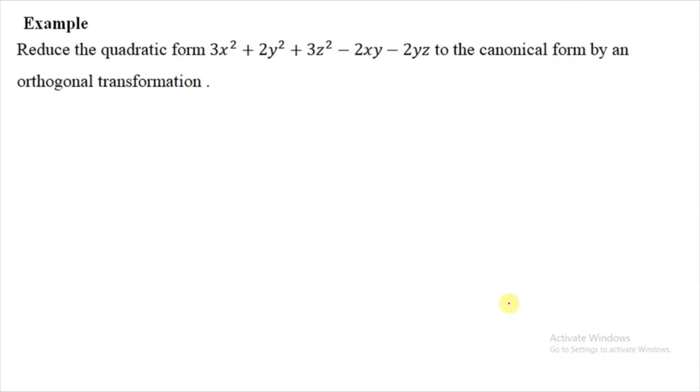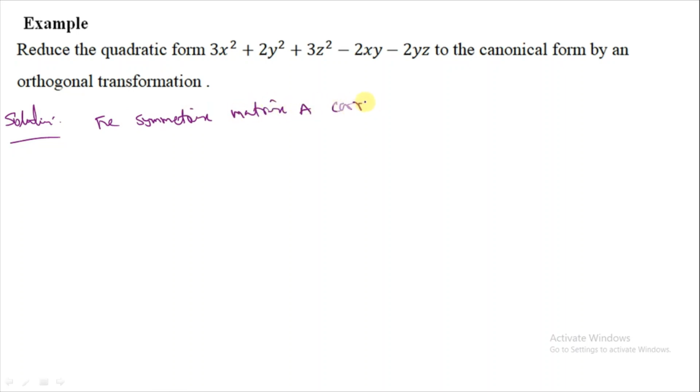Now see an example: reduce the quadratic form to canonical form by an orthogonal transformation. The solution. First write the symmetric matrix A corresponding to the given quadratic form.